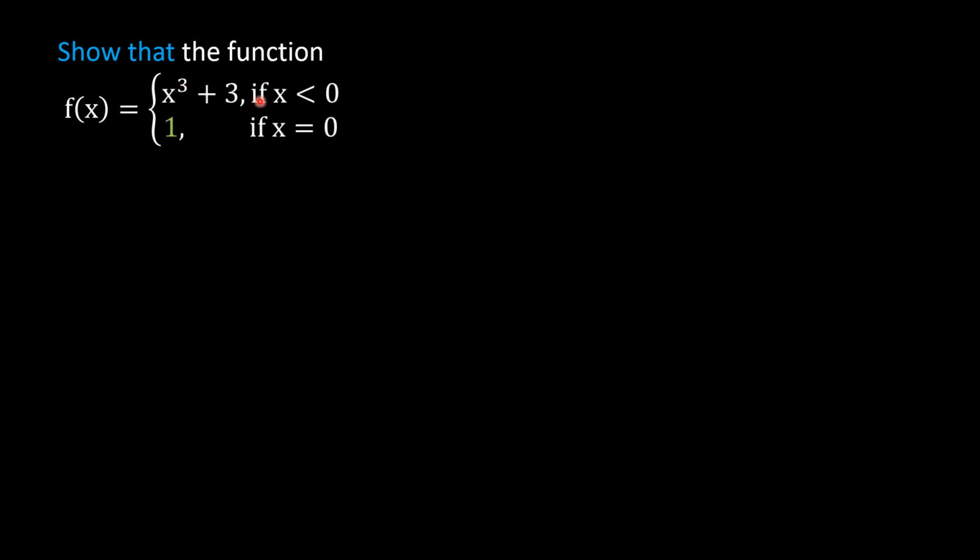Next, show that the function f(x) equals x cubed plus 3 when x is not 0, and f(x) equals 1 when x equals 0, is not continuous at x equals 0.